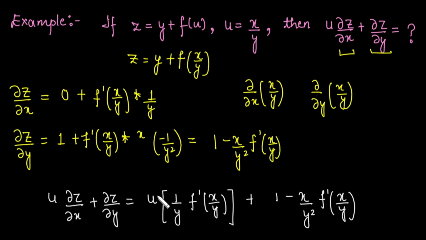The value of u is x by y, so we can replace this by x by y. The x by y square times the first order derivative, and this term is also the same but with an alternative sign. Cancel this one. Finally we have, in this case, the result equal to 1.